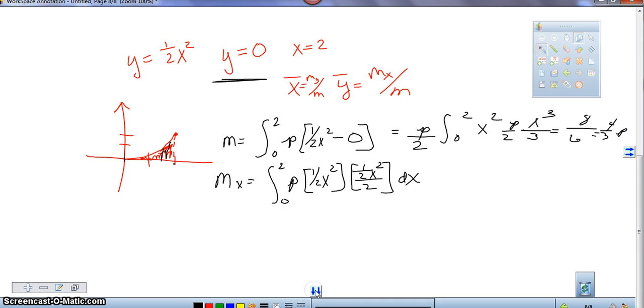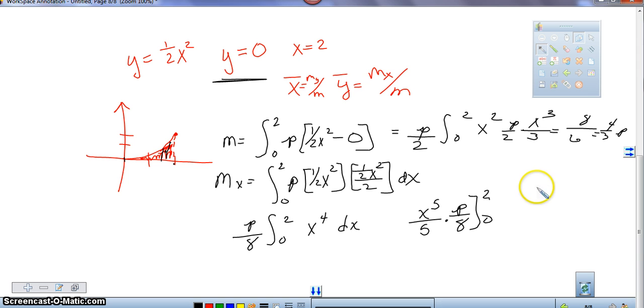And then you would integrate that. I would move all that out front. You'd have 0 to 2, you have rho here. This would become 1/4, right? And a half, so that'd be over 8. x to the fourth dx. And so you'd get x to the fifth over 5 times rho over 8. And if you put in 2 to 0, 0 is going to be 0. So you get 32 over 5 times rho over 8, which is 4 rho over 5.